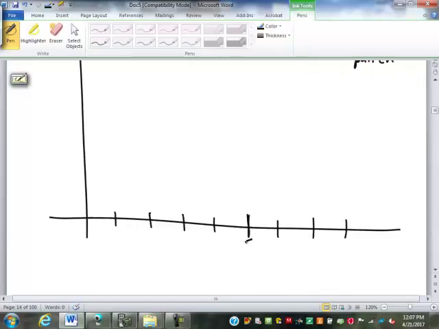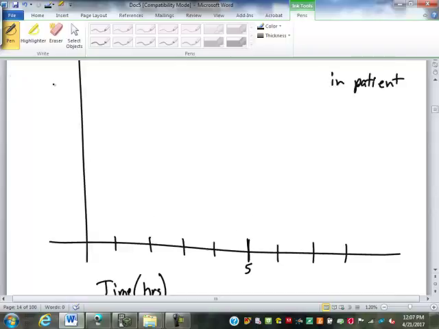And on the bottom here, we're going to label this hours. And over here, we're going to say milligrams per deciliter is the concentration.